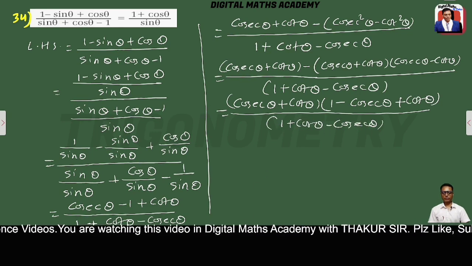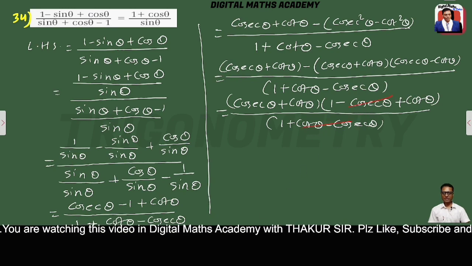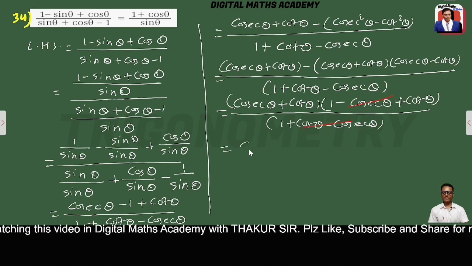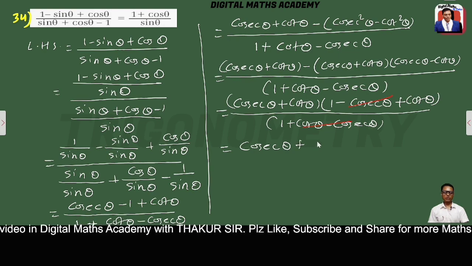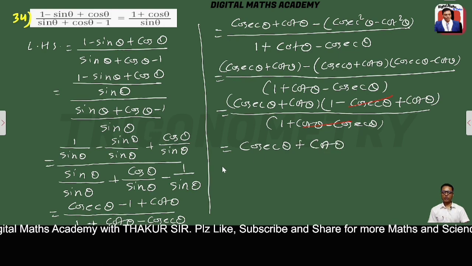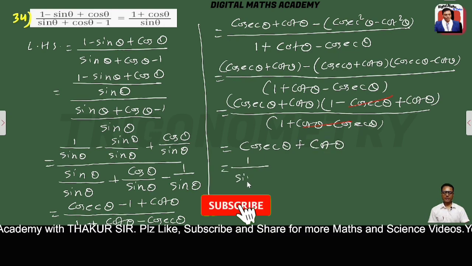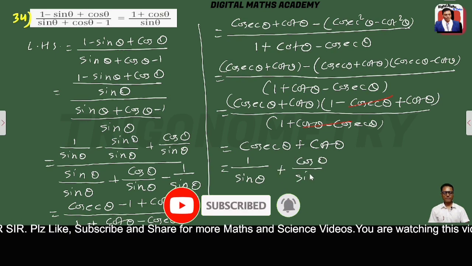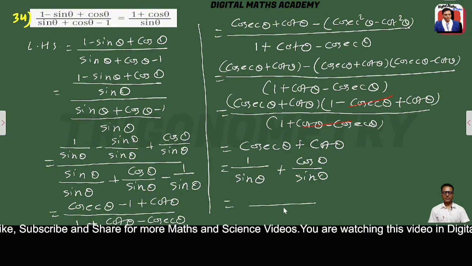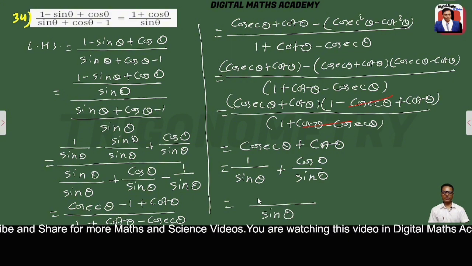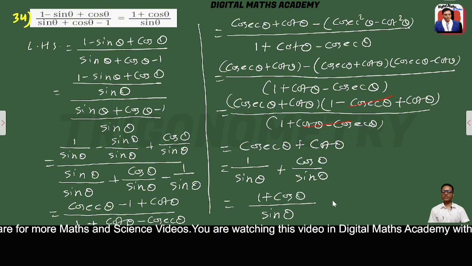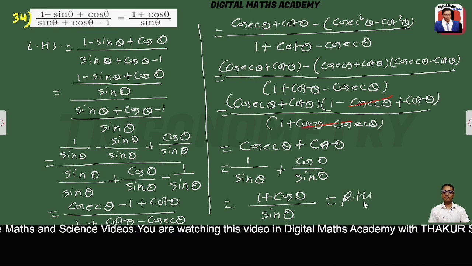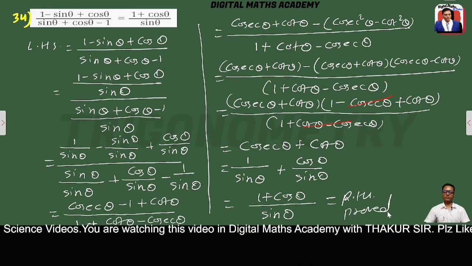So we see one factor will cut up and down, so this factor will cancel. Remaining we have cosec theta plus cot theta, and cosec theta gives us 1 by sin theta, and cot theta gives us cos theta by sin theta. So when you take LCM is sin theta, so we can write here 1 plus cos theta, which is equal to right hand side, and finally you can write proved.